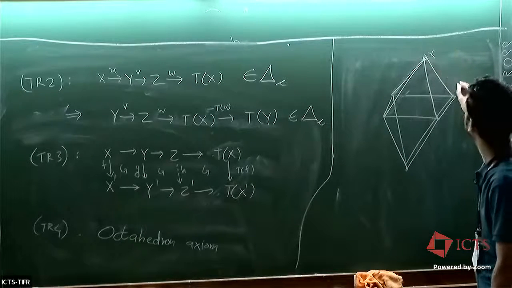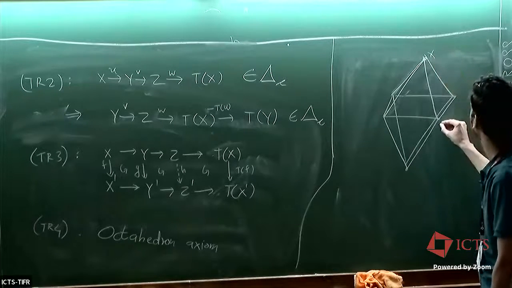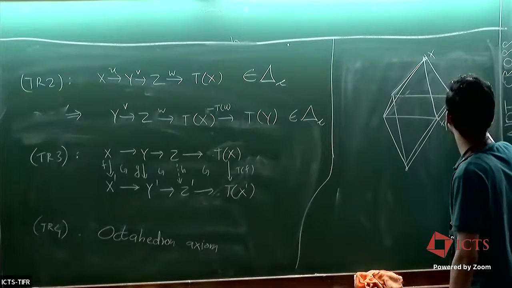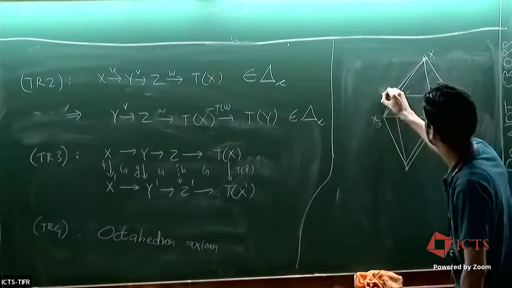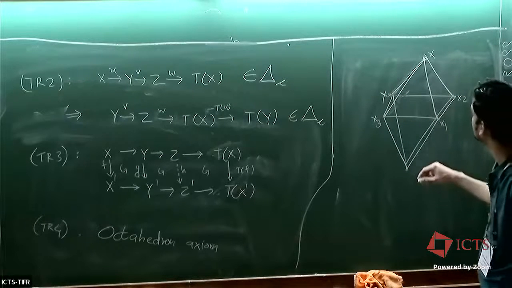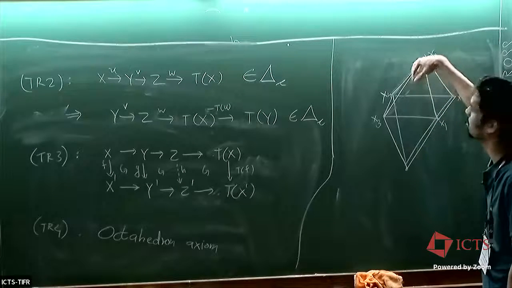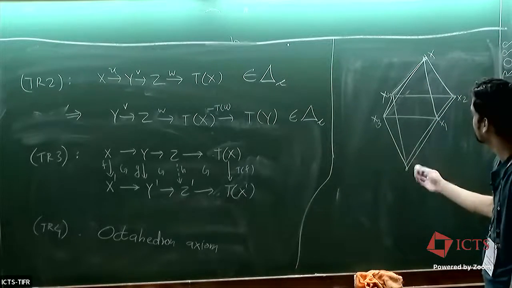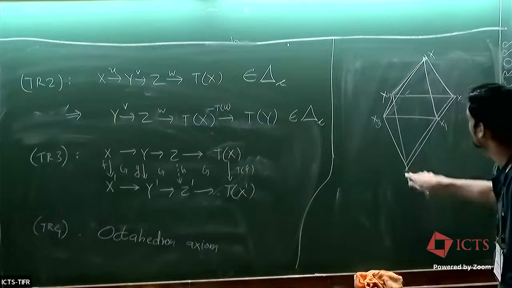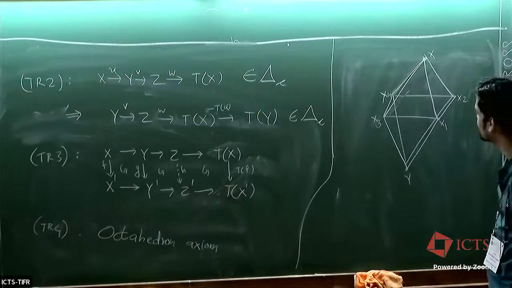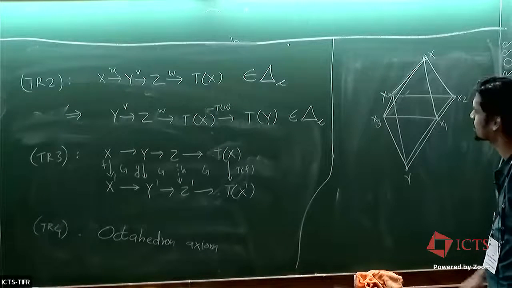So this is an object in your category. Some data is given for this upper cap, and what this octahedron axiom says is that there should exist this Y, and you can construct these maps so that something nice happens.